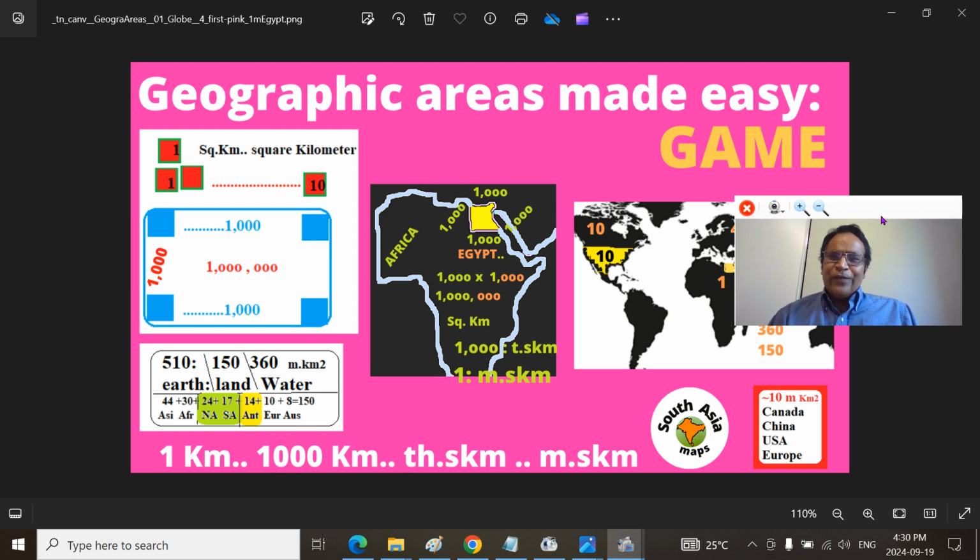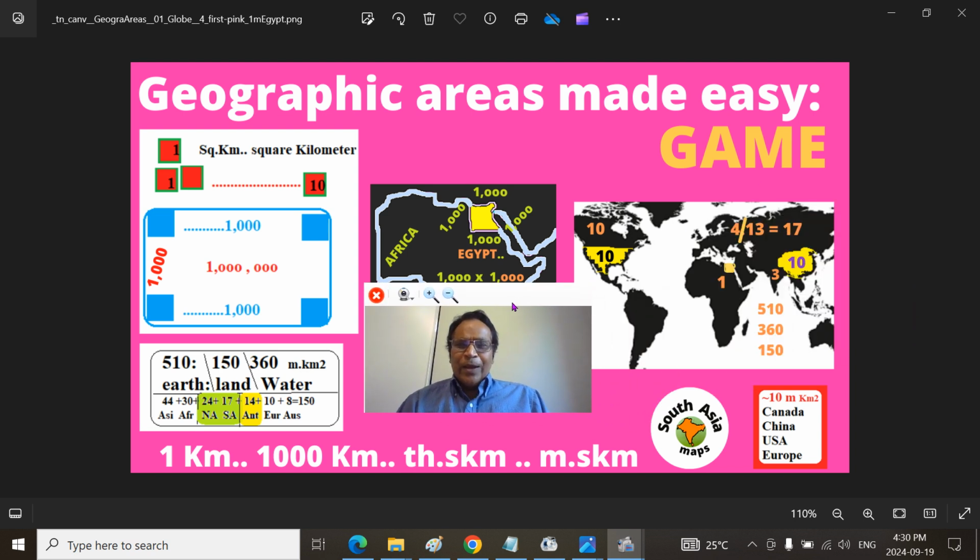If you partition the entire surface of planet Earth, you will get 150 countries of the size of Egypt. So 150 is the land area, 360 is the water area, like the number of days in a year almost, and the combination is 510. Remember, these are in million square kilometers.